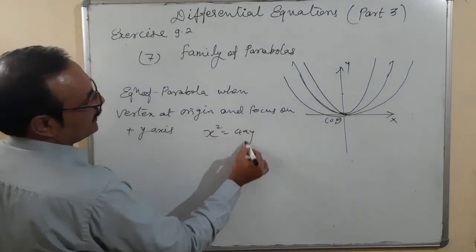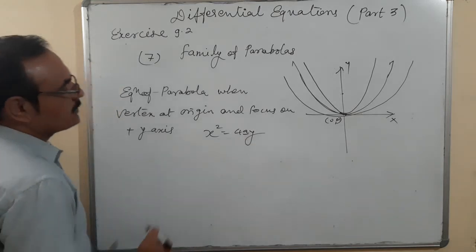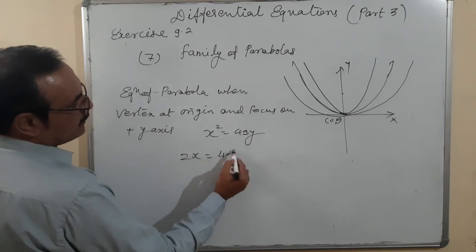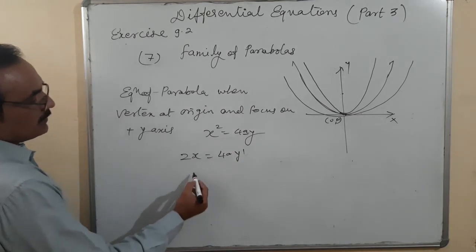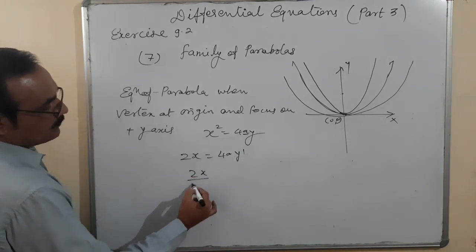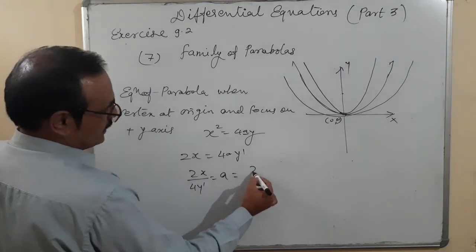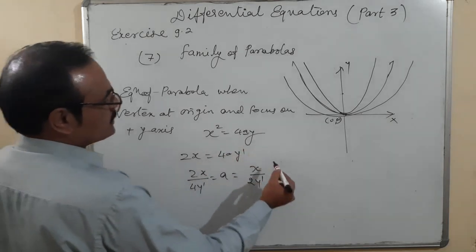X square is equal to 4ay. This a will be eliminated from it. Differentiate with respect to x. 2x is equal to 4a y dash. Okay. So 2x upon 4y dash is equal to a. So a is equal to x upon 2y dash. This value of a will be substituted here.